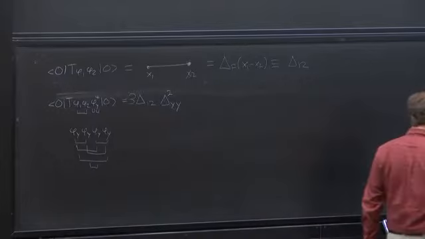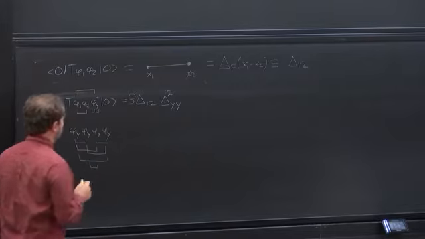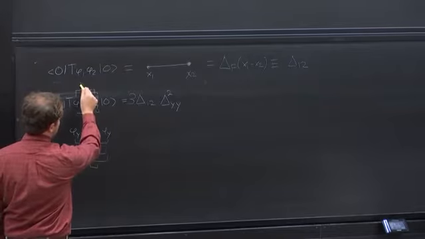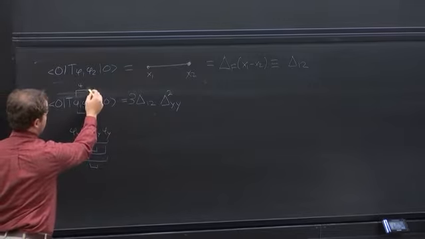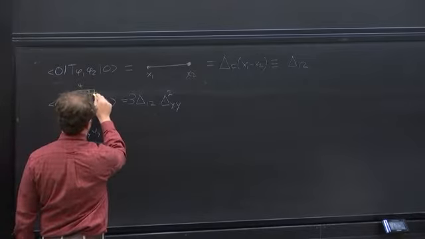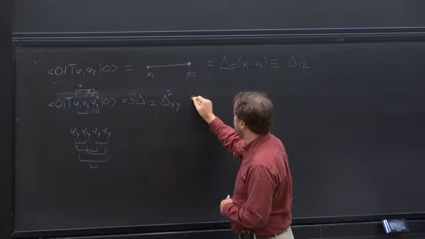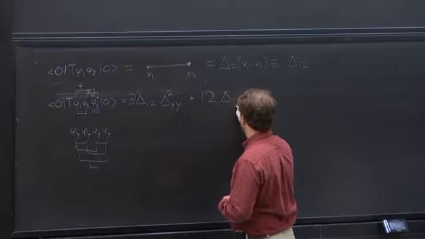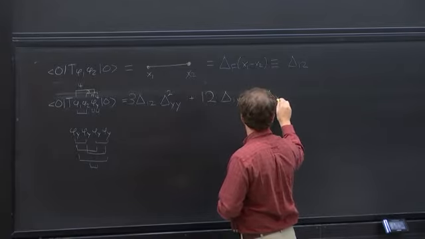I could also contract phi1, phi y, and phi2 with a different phi y. There are 4 choices of which phi y I can contract the phi1 with, and 3 choices for the phi2. And the last 2 phi y's are contracted among themselves. No choices. So I also have a term that's 12 delta 1y delta 2y delta yy.